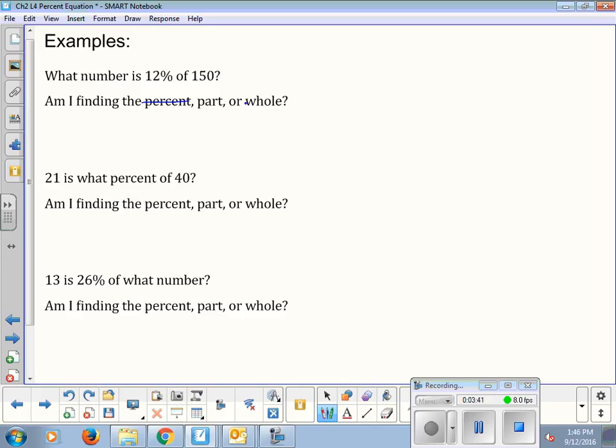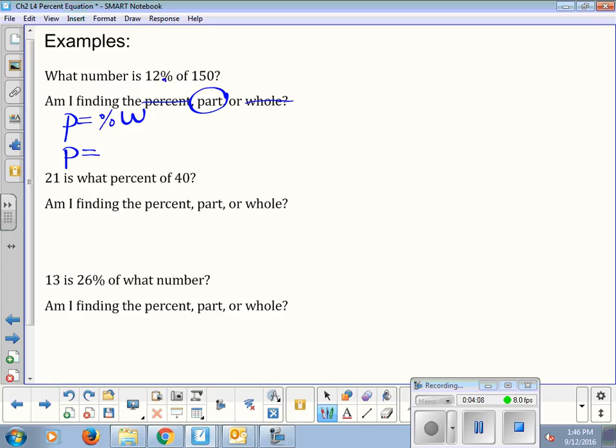Which means we're not looking for a whole, we're searching for the part. So we're using our equation, P equals the percent times the whole. And we don't know what P is, but we're going to fill in our values for the percent and our whole. 12%, how do we write that as a decimal?